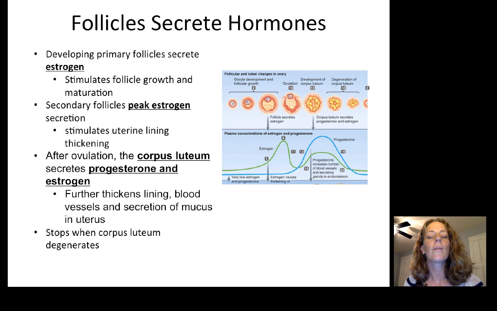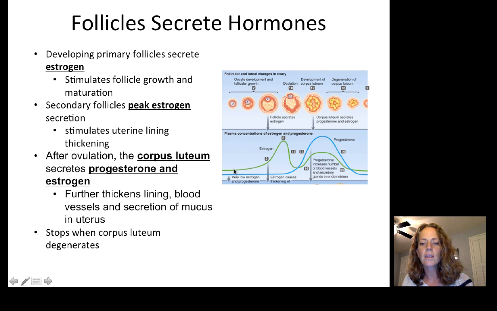in hormone secretion. Developing primary follicles secrete estrogen. This will stimulate follicle growth and maintenance. Secondary follicles will peak estrogen secretion. So the more the follicle matures, the more estrogen will be secreted until we reach a peak in estrogen.